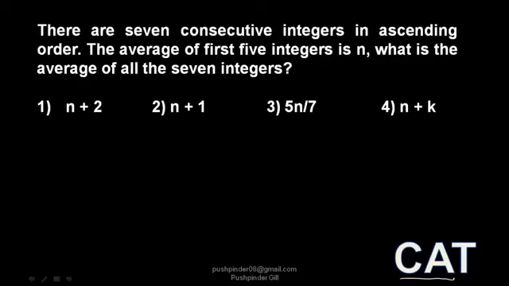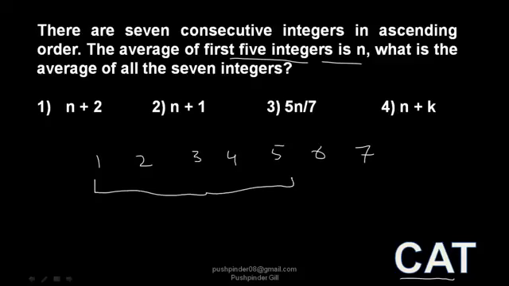Now there are 7 consecutive integers, and the average of the first 5 is n. So the average of these numbers is n. Which number is actually n? This number is n, right? Now what is he asking?